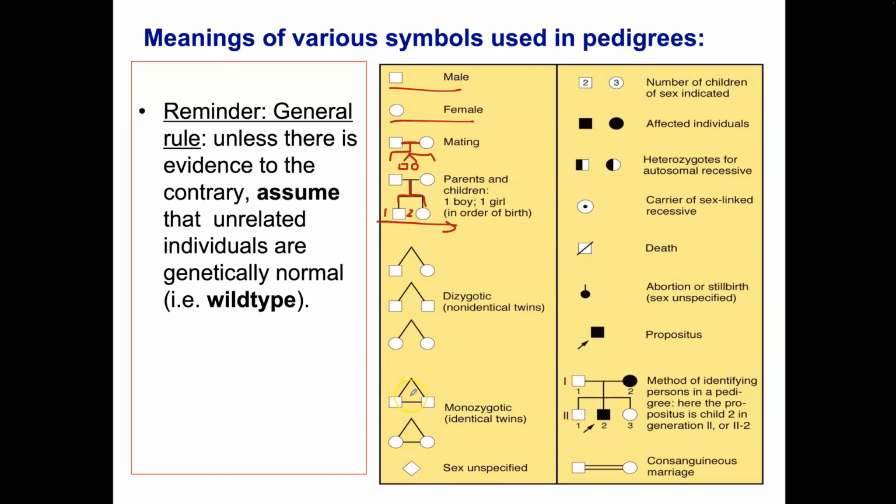Monozygotic twins are a single embryo that divided because the cells didn't hold together quite right, and both of those clumps of cells made an individual. So these individuals have the same DNA. And so therefore they're shown as twins, but the line in between indicates that they're identical twins. And of course, they're always shown as the same sex, because when we talk about sex, we're talking about the chromosomes, XY and XX.